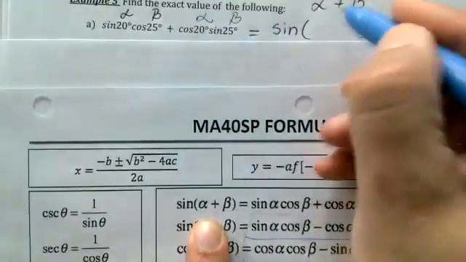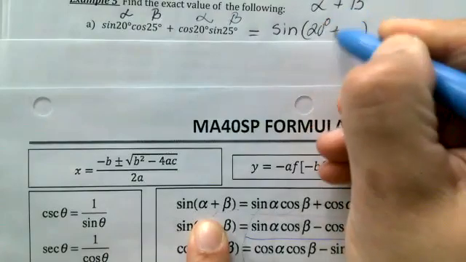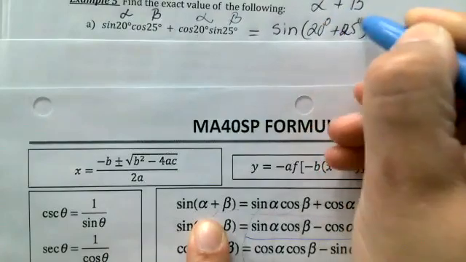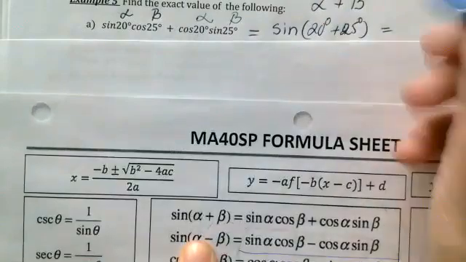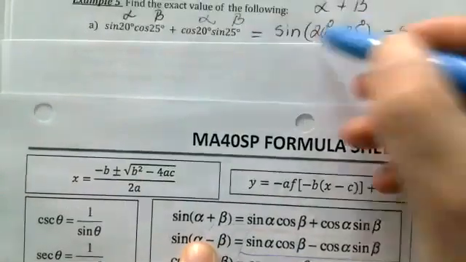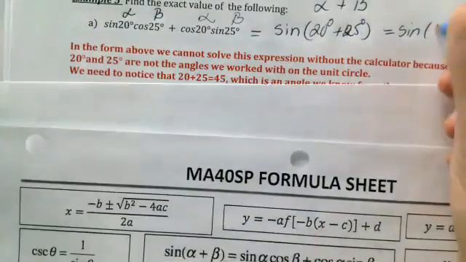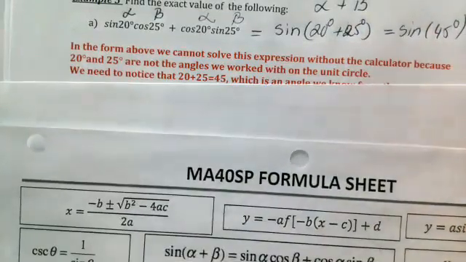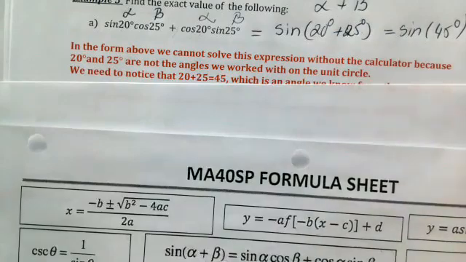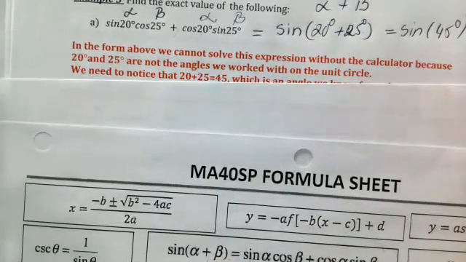But my alpha is 20 degrees and my beta is 25 degrees, which makes it sine of what angle? 20 plus 25, 45. Do I know what sine of 45 degrees is? Yes, so we are done. These are amazing.